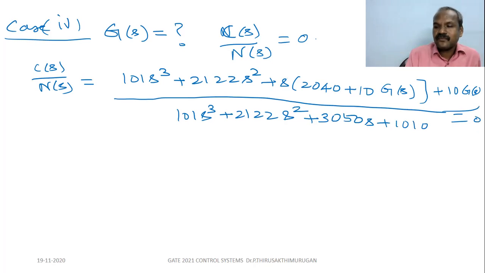So if we equate this to 0, the numerator is equal to 0. If you cross multiply, this becomes 0.